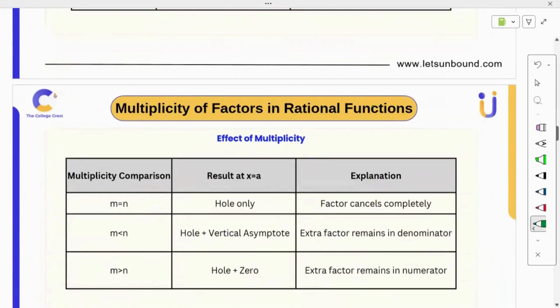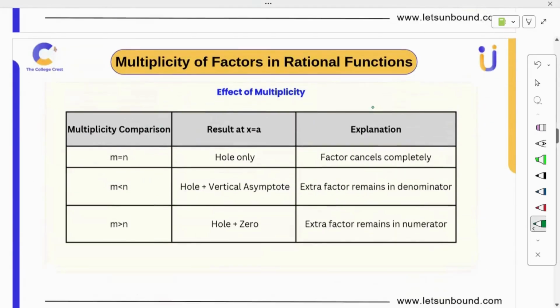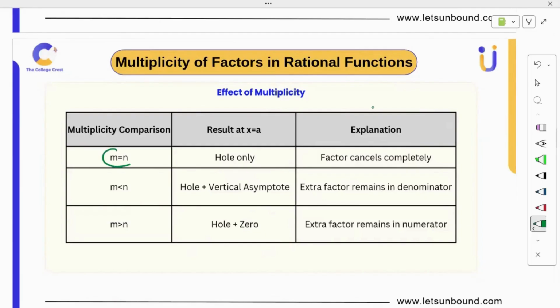Now, multiplicity of factors in a rational function. What about the powers in the numerator and denominator? If a particular factor is present in both places, and their multiplicities are equal, it's a pure hole, because the factors cancel completely. If your denominator wins, then there is a hole and an asymptote, because one extra factor will be there in the denominator.